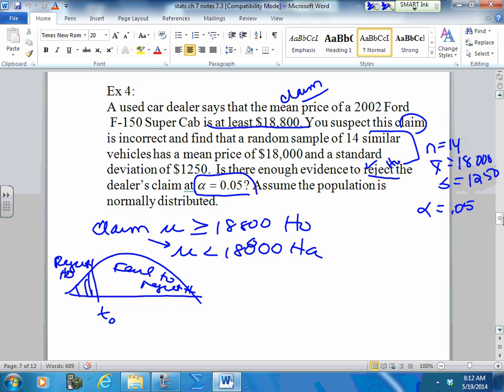We need your cutoff. How do we find your cutoff? Degrees of freedom. So if my sample size is 14, my degrees of freedom is 13. Look in your table, one tail test, 0.05, degrees of freedom 13. What's your cutoff? 1.771. Good, and because it's on the left, negative. Okay, then we're going to test your sample mean minus this, and it should be negative, right?